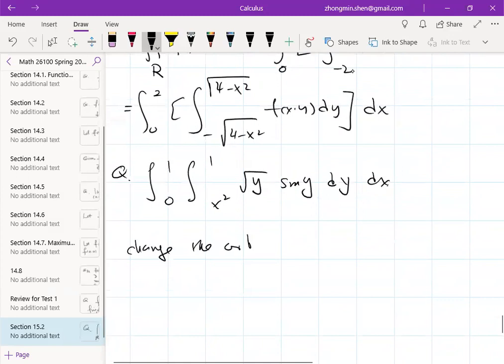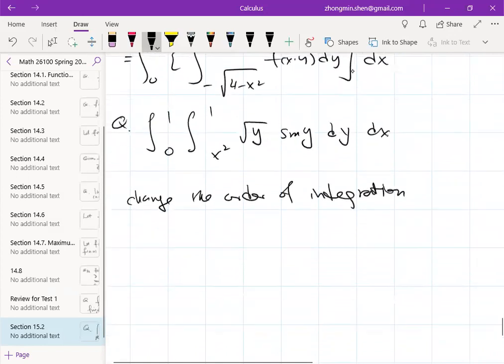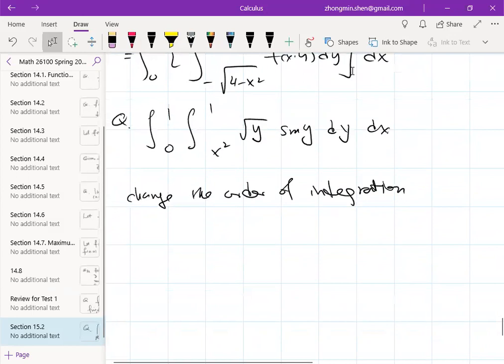Change the order of integration, and then evaluate if possible. If we have time, maybe I don't have time. All right, so this is the function. And if you evaluate this integral, it's very hard. Why? How do you deal with this part? It's an integral with respect to the y variable. It's complicated. Sometimes you are forced to exchange the order of the integration.